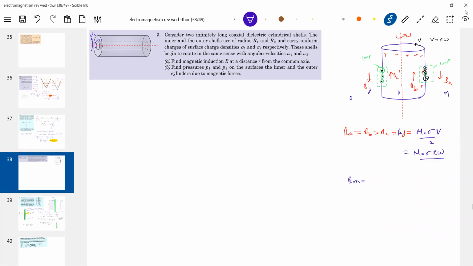Field at M is contributed by BA plus BC. This will be 0. Field at O is contributed by... field at N is given by BC plus BD, which is equal to mu naught sigma R omega. When you add up those two, we'll end up with this much here.